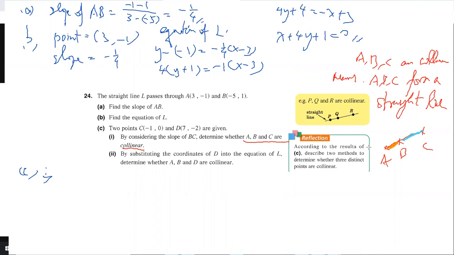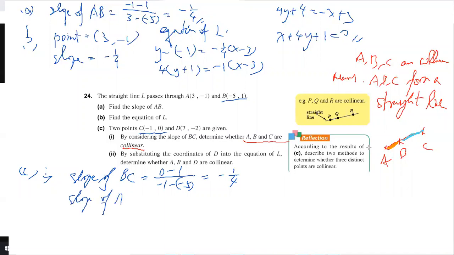I just calculate the slope of BC because we have this point and this point. So we are going to use y2 minus y1 over x2 minus x1. So that should be equal to negative 1 over 4. Slope of BC is negative 1 over 4, but the slope of AB has been found to be negative 1 over 4 also, right?